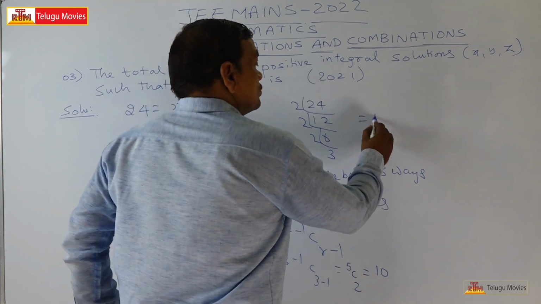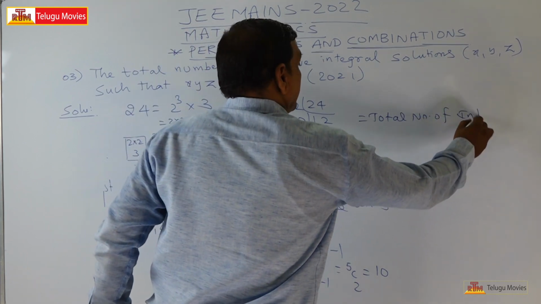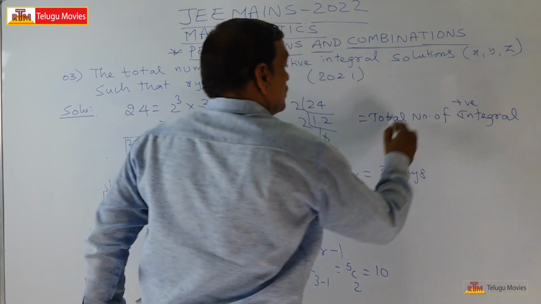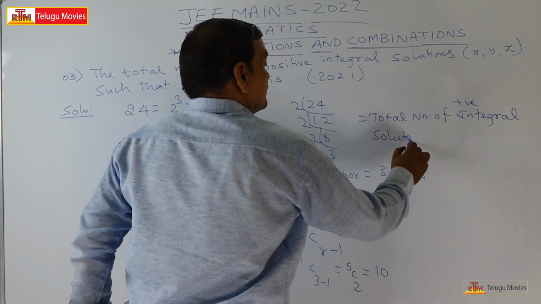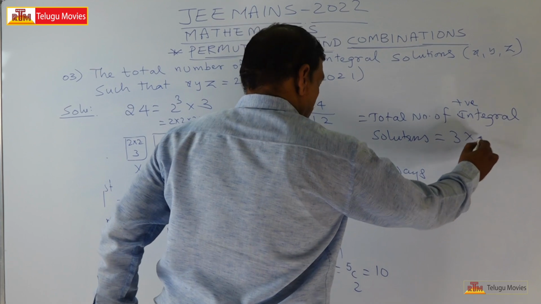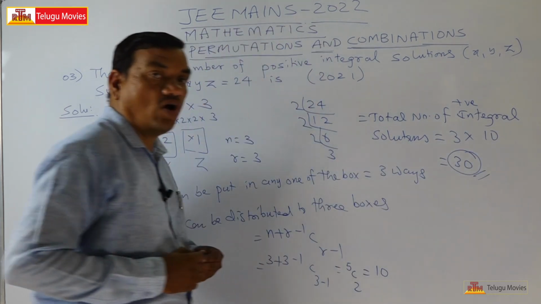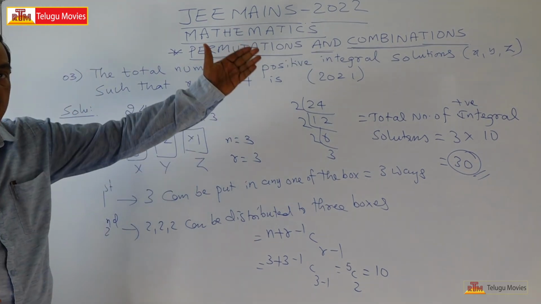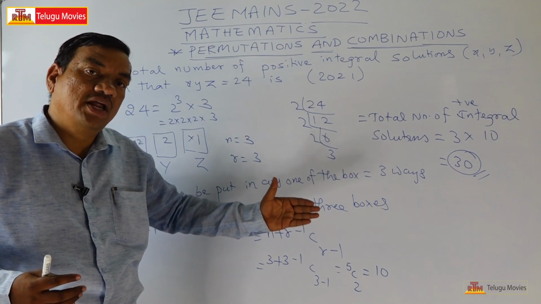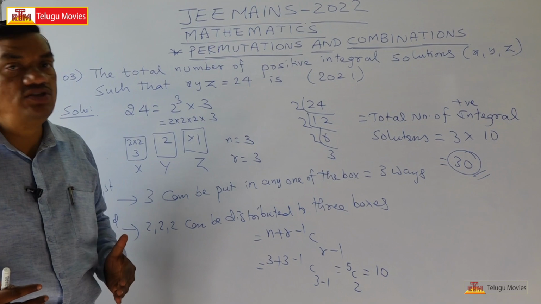So the total number of positive integral solutions is given by 3 into 10, that is, 30 combinations you will get.